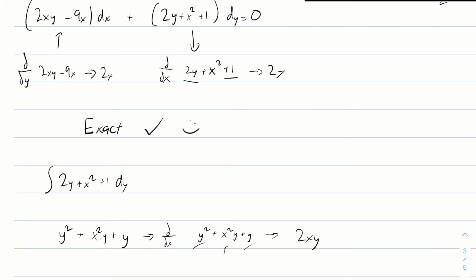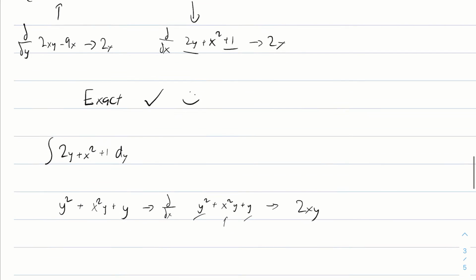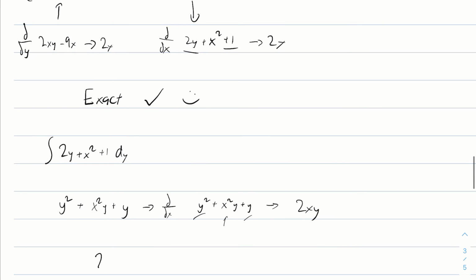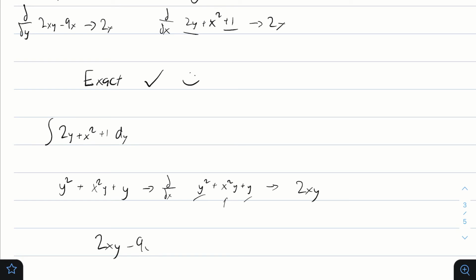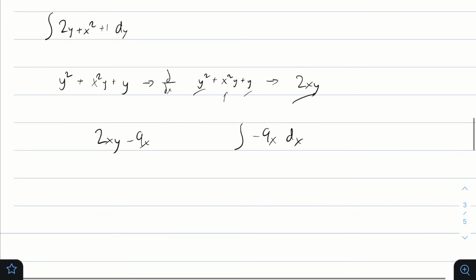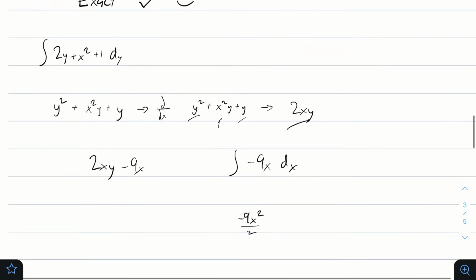You differentiate x, and you just leave the y constant. Okay, so 2xy. And now we're going to bring in our function with respect to x. Notice that one's there, you can't count them twice, so we integrate negative 9x dx, and we get negative 9x squared over 2.